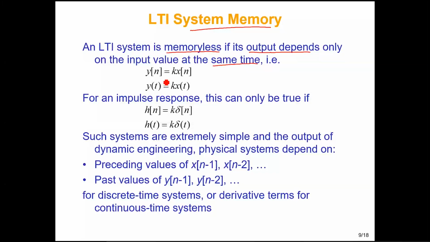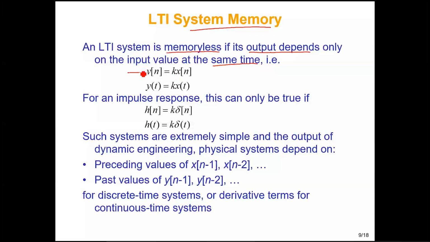An example is an amplifier system. If your output is a scaled version of your input, then we have an amplifier system. It's a memoryless system. We don't need to store any previous input or output to compute your present output.